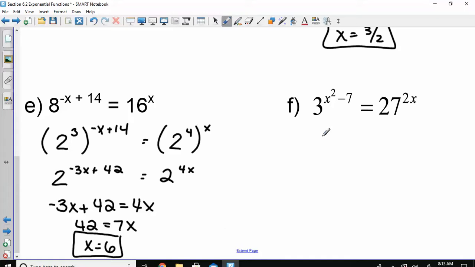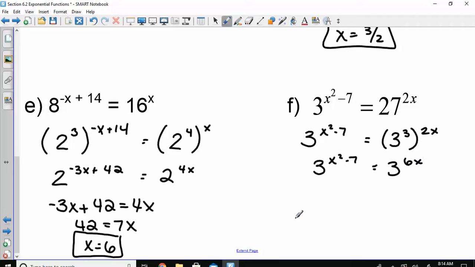Good. So 27 is 3 to the third. I'm putting that in parentheses with this 2x on the outside, because what do we have to do with those exponents? So now we can set the exponents equal.